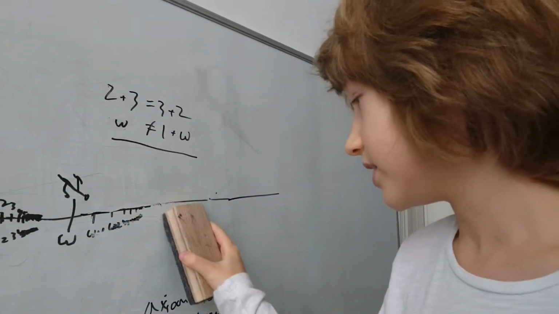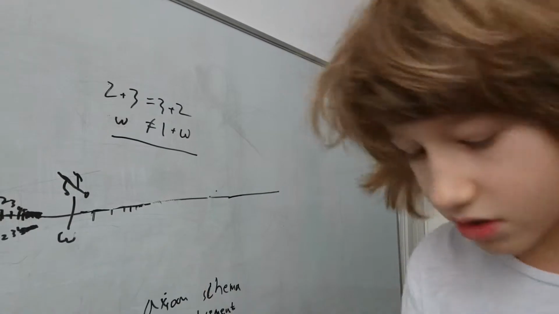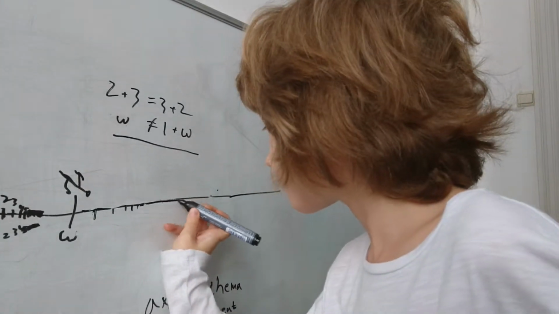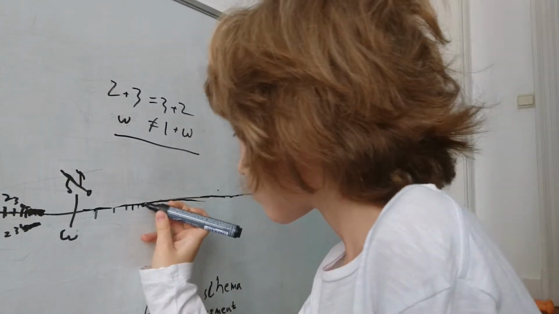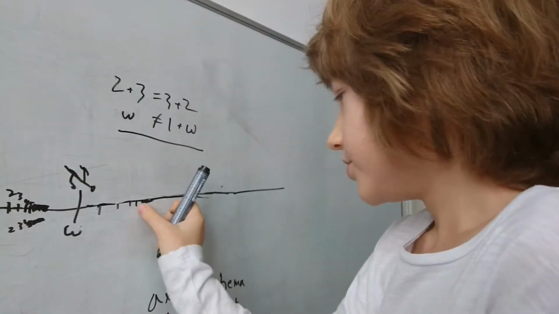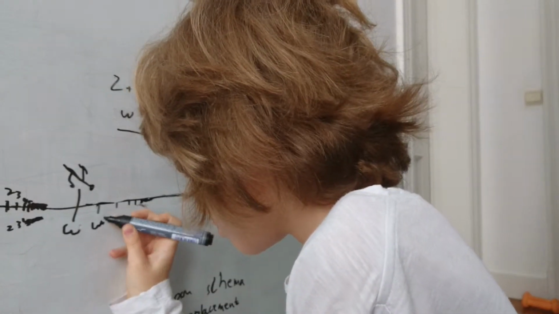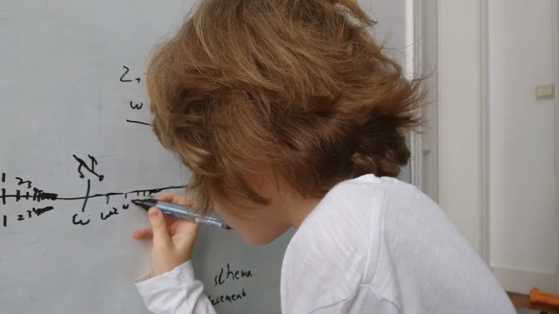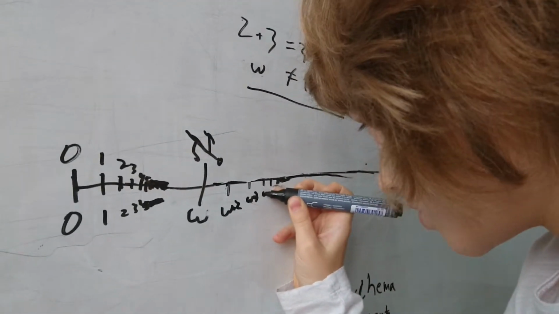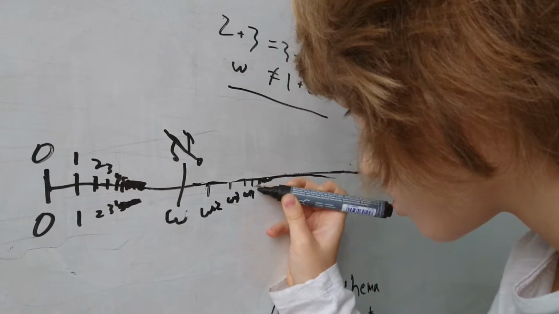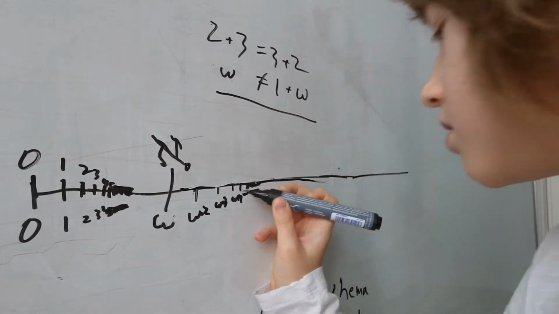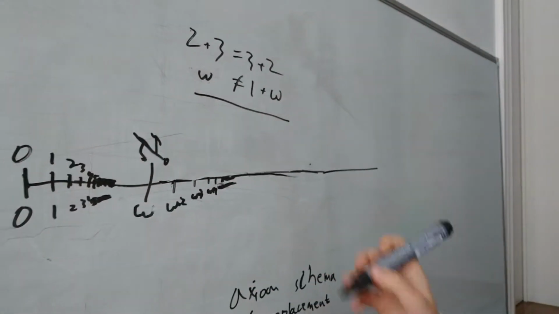But we can do the same thing with multiplication. We get omega times 2, omega times 3, omega times 4, and so on.